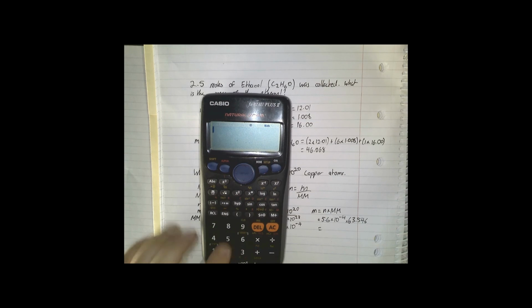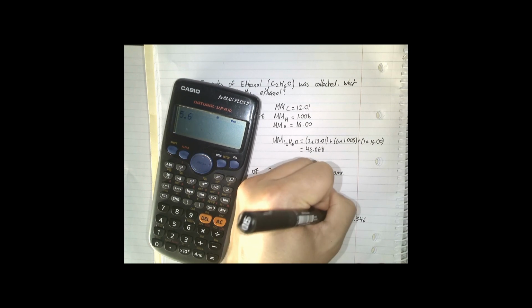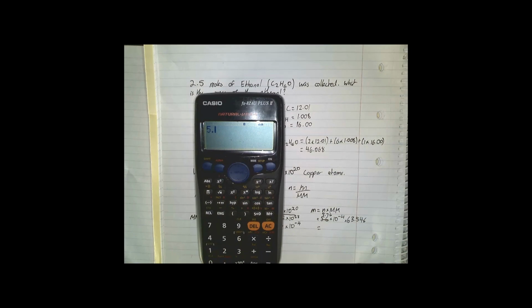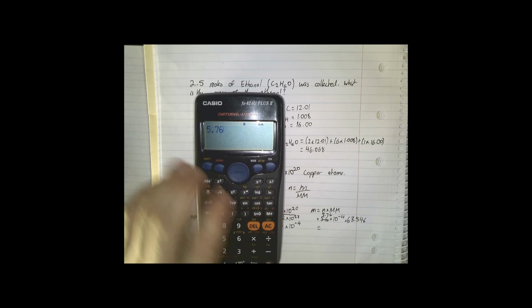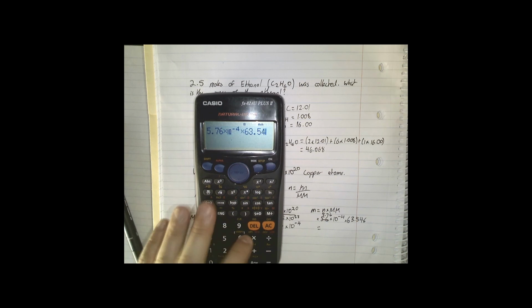5.76 times 10 to the negative 4 multiplied by 63.546.